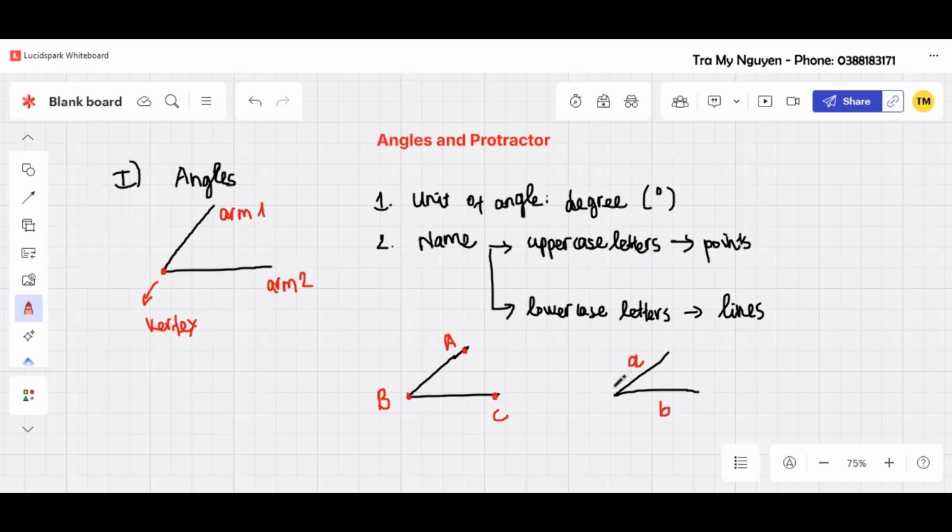This angle also has a vertex here, but it has no name because I haven't named the vertex. If you like, you can name the vertex A or B or something else. But remember, it is a point, so you have to use uppercase letters to name it.